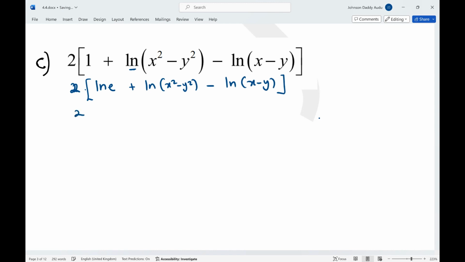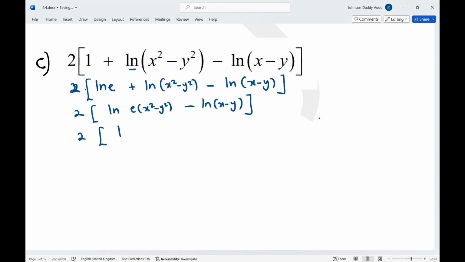Now this is addition. We can change it to multiplication. So this is going to be e multiplied by x minus y squared, right? Then we still have minus ln x minus y.